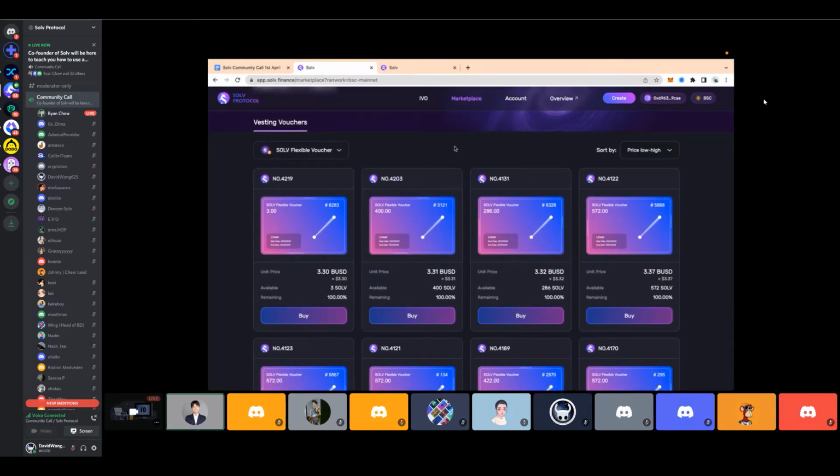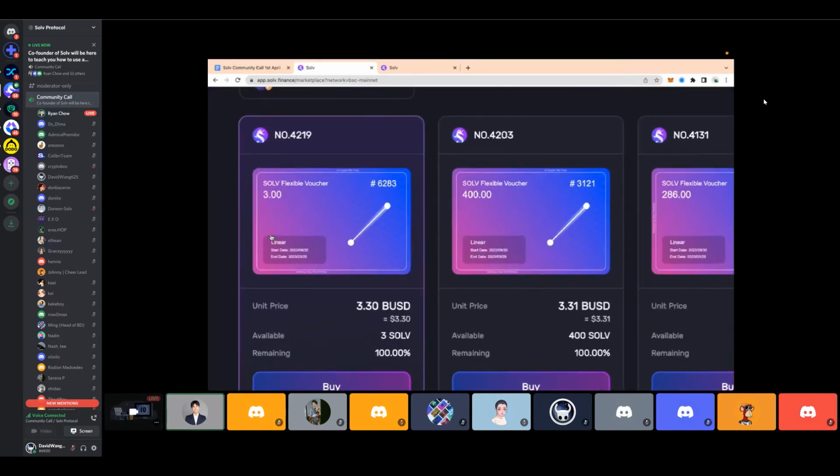But from a personal perspective, I would suggest not to list these NFTs, but to hold the NFTs and claim the ERC20 tokens, the Solv tokens from this NFT. Why? Because if you know our tokenomics, you will find out that there is no token released in the first year. So in the first year there are only a few tokens out there.